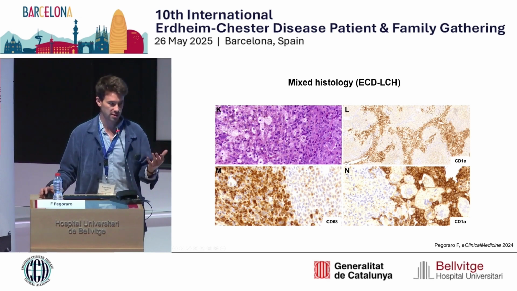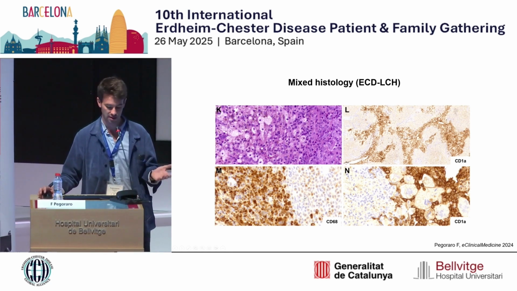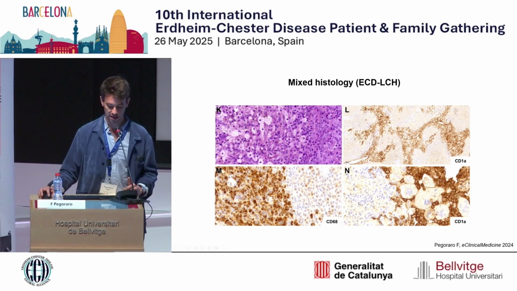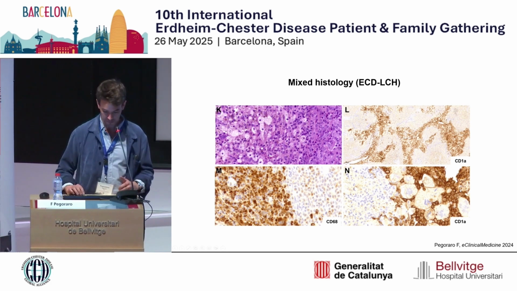If we use this staining, and the staining is positive when the figure is brown, we can see that here we have ECD, very brown staining on the left, and this is an LCH pattern which does not stain. And same here, we have this pattern with these large cells, the same cells we found here, that don't stain for CD1A because CD1A is LCH, and other cells that stain for CD1A.